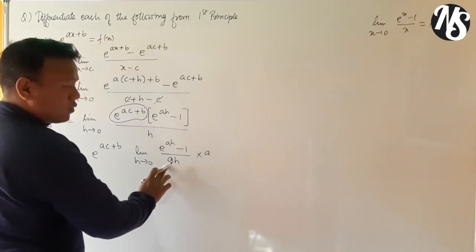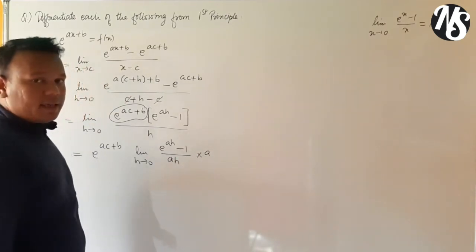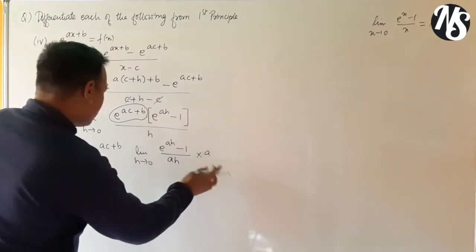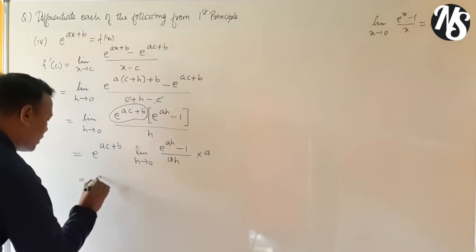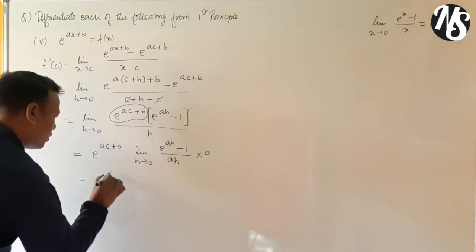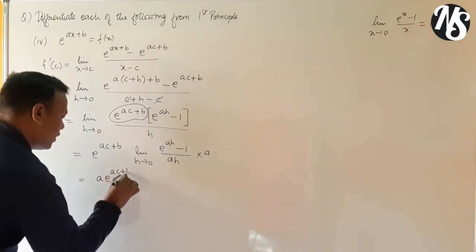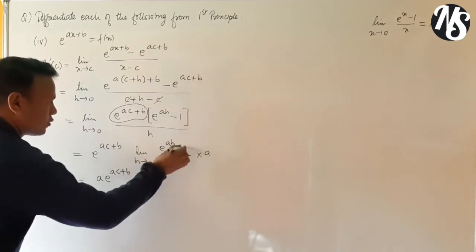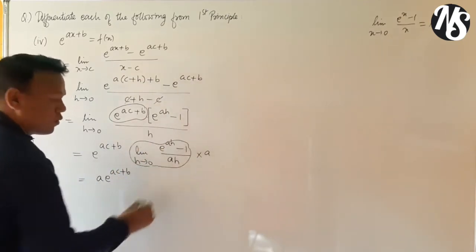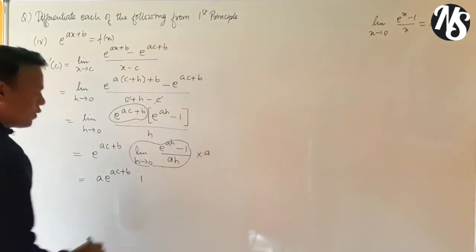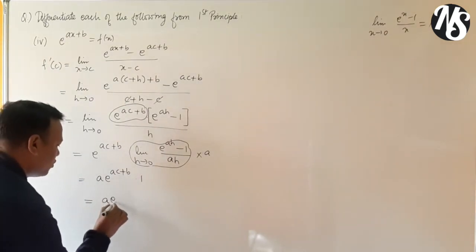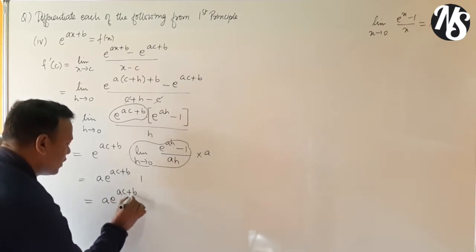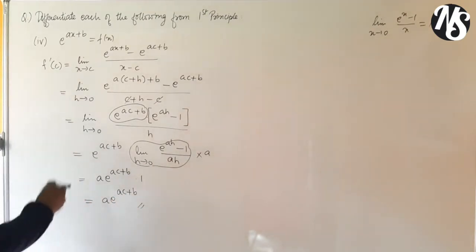Okay, so a is a constant, it will be kept outside, so a into this becomes a e to the power ac plus b, and how much is this? This quantity is exactly 1, so into 1 has to be written. So your answer for this will be a into e to the power ac plus b. So you may pause the video and note it down.